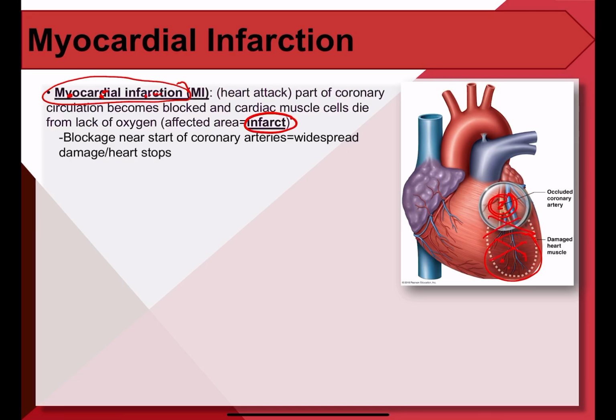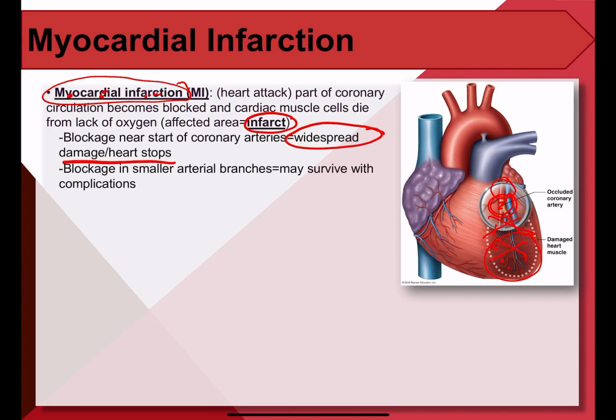The tiny arteries down here are not going to get blood. These are not going to get blood. Everything gets backed up here. So when you have a blockage near the start of the coronary artery, it is more likely to lead to widespread damage within the heart, and then the heart may completely stop pumping. Usually that is the case if they don't get help immediately. The chance of surviving the heart attack may be very slim.